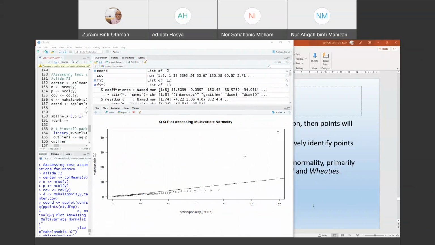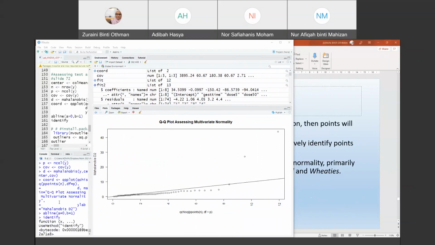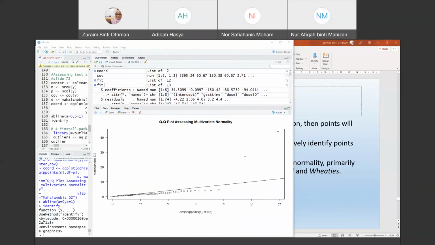Then the points fall on the line just now. The identify function allows you to interactively identify points in a graph. Okay. Identify yang bawah tu. Dia kata kita boleh interactively point the graph.